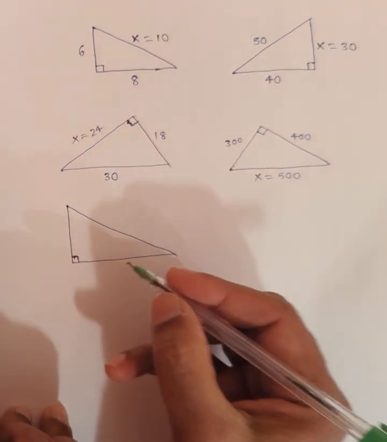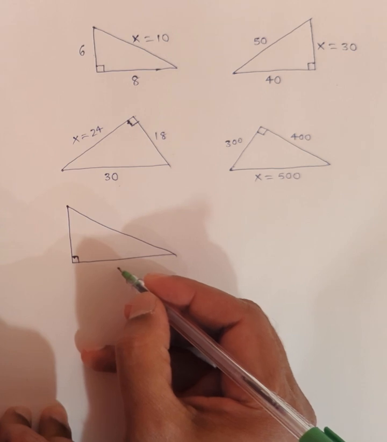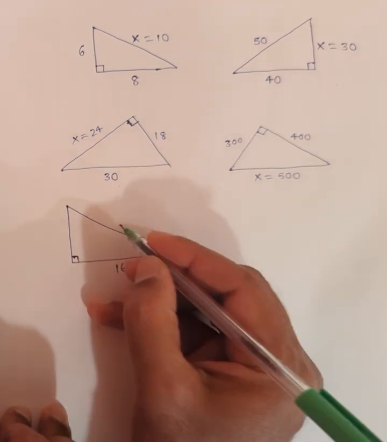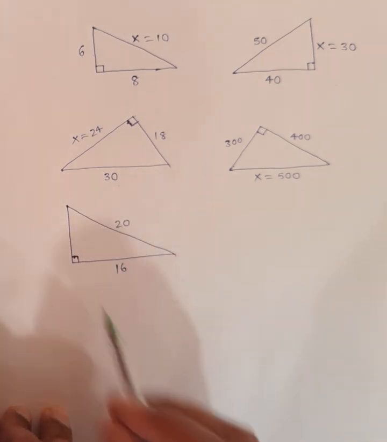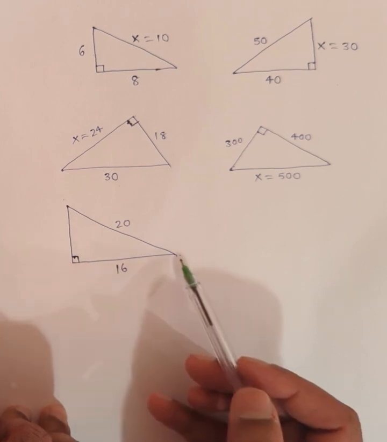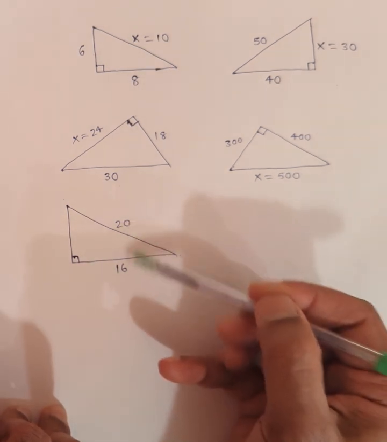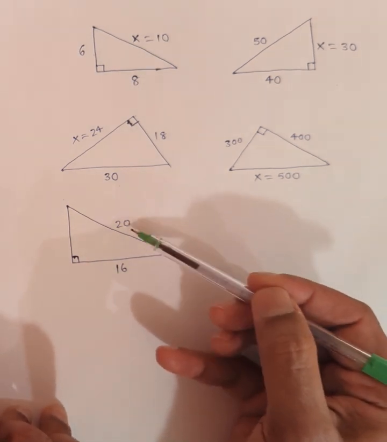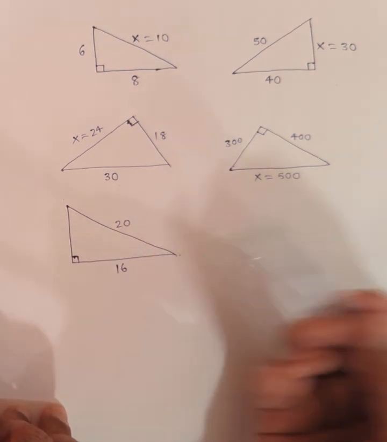So, say this is 16 and that is 20. So the hypotenuse is 20, one of the legs is 16. The greatest number that can go into both is not 2, but 4.